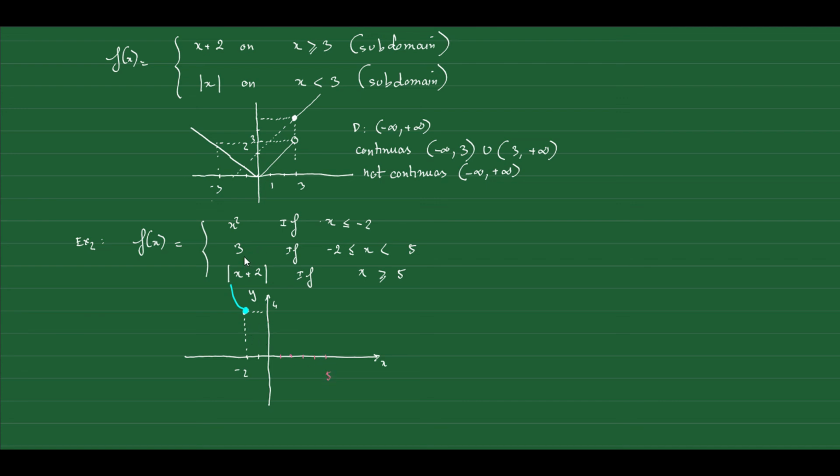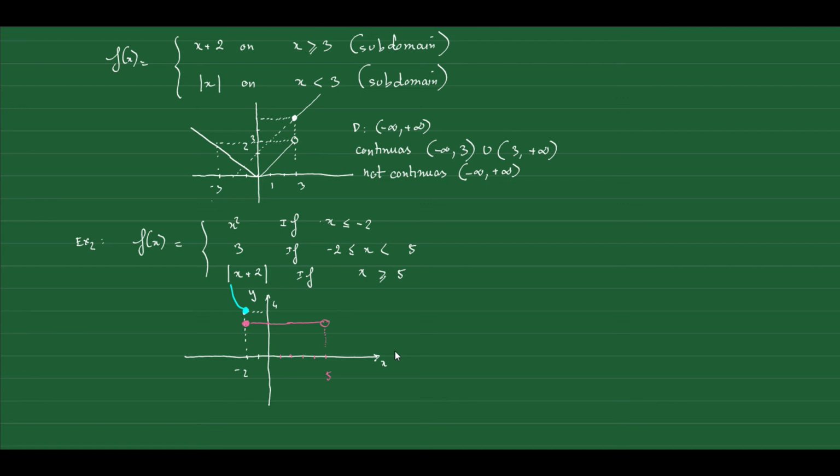Because it's 3, those should be a horizontal line. So this 3 right here, you have this open circle. Then go all the way to 5, open circle.